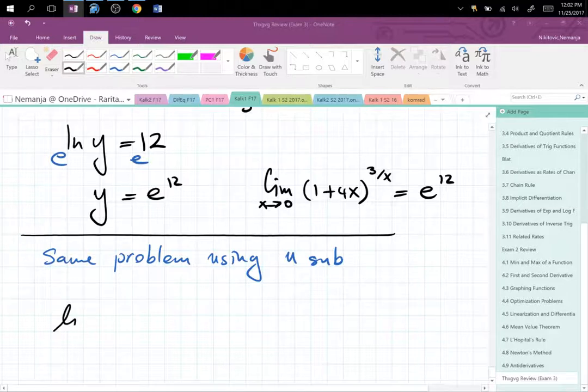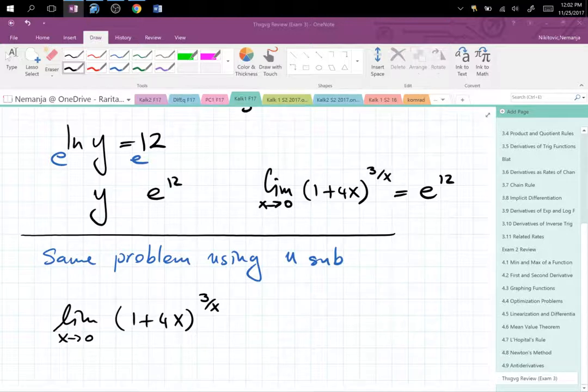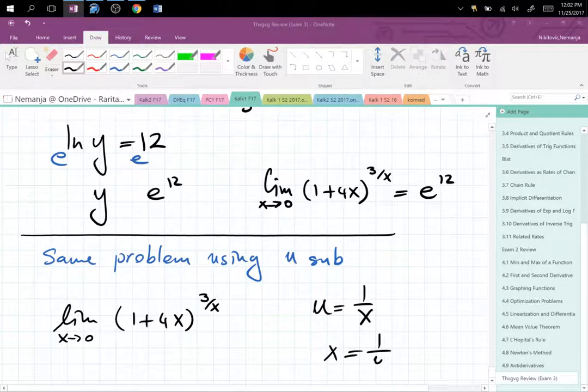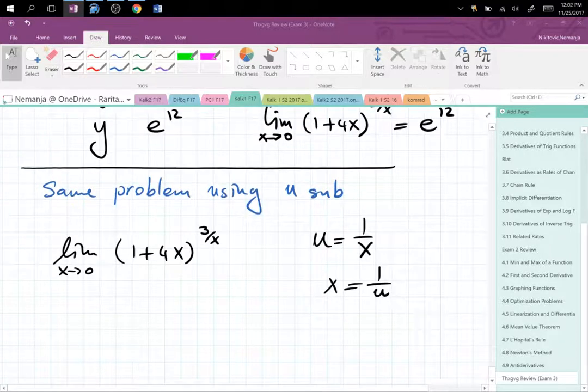So my problem is the limit x goes to 0 of 1 plus 4x to the 3 over x, and me being me, I think that we can actually change this by saying u equals 1 over x, from where x is equal to 1 over u, right? If you flip it around.